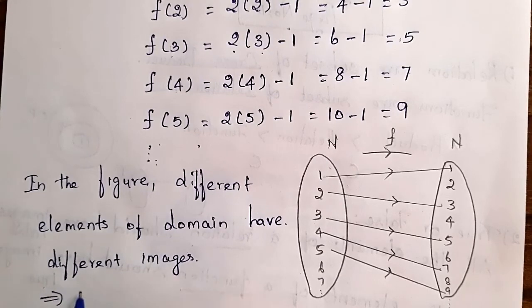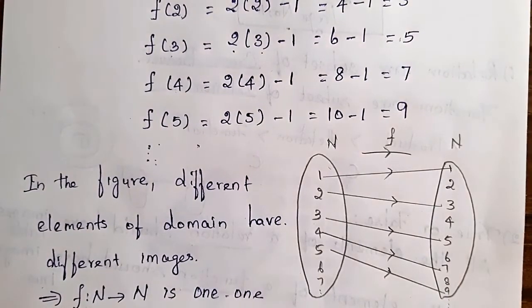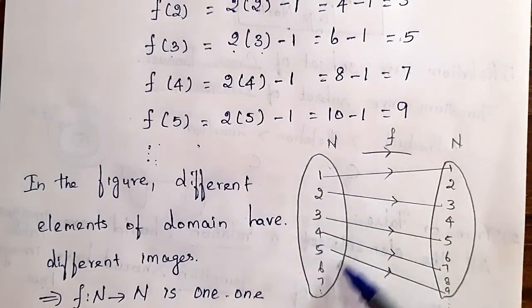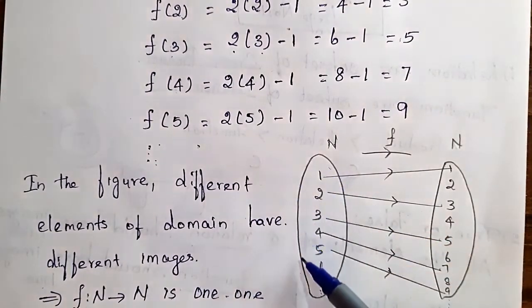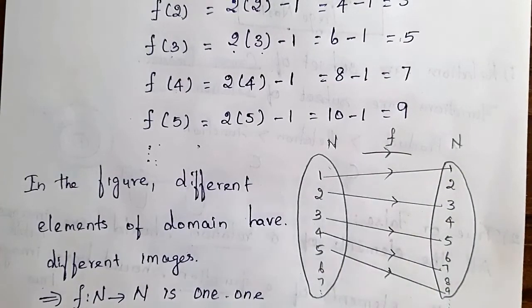So that implies definitely f from N to N is a 1-1 function. Clear? This is the domain. Different elements of the domain have different images. That is the reason it is 1-1.